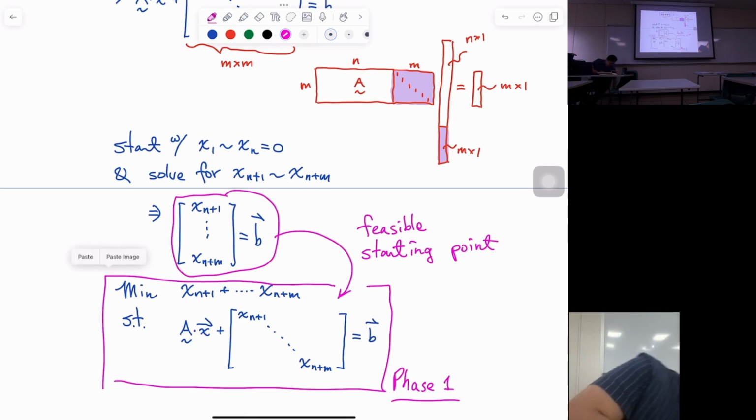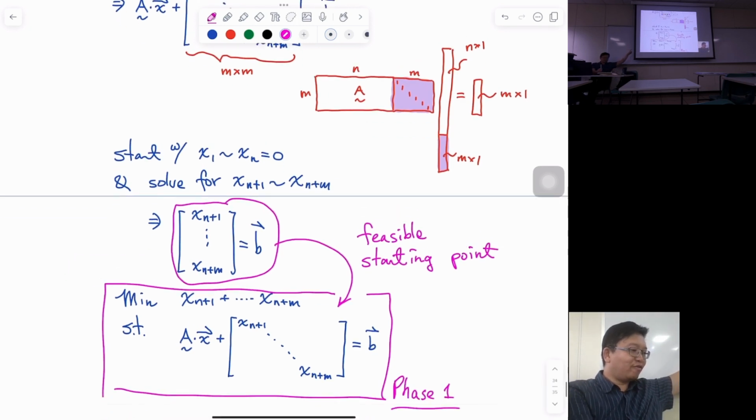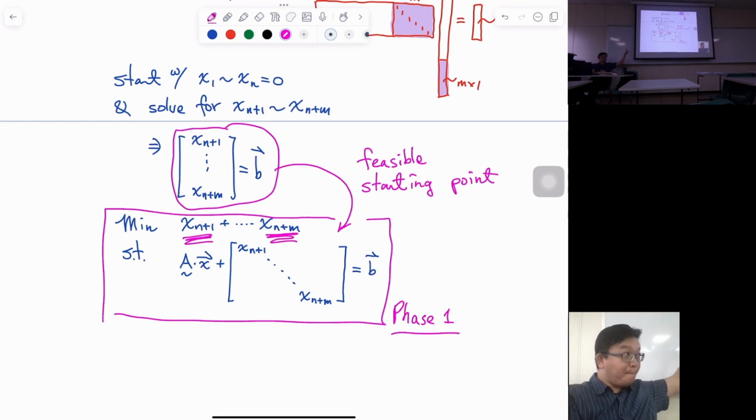So the goal is to minimize the sum of x n plus 1 to x n plus m, and you know all the x needs to be positive.